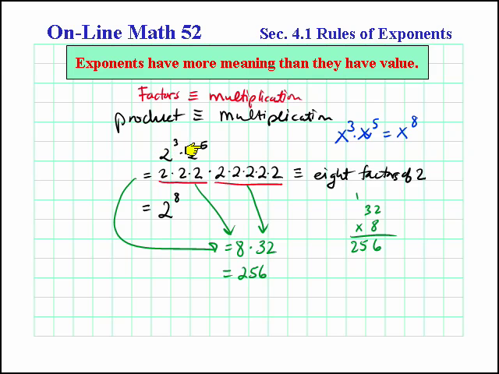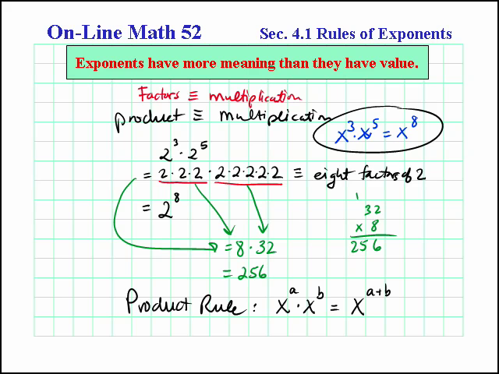We had to actually add 3 and 5 together. So that brings up the product rule, which is in your textbook, and I'll go ahead and mention it right here. Product rule is that if we have x to the a power times x to the b power, that's x to the a plus b. And we see that right up here in this example. If we just add 3 plus 5, that exponent, we get x to the 8th.